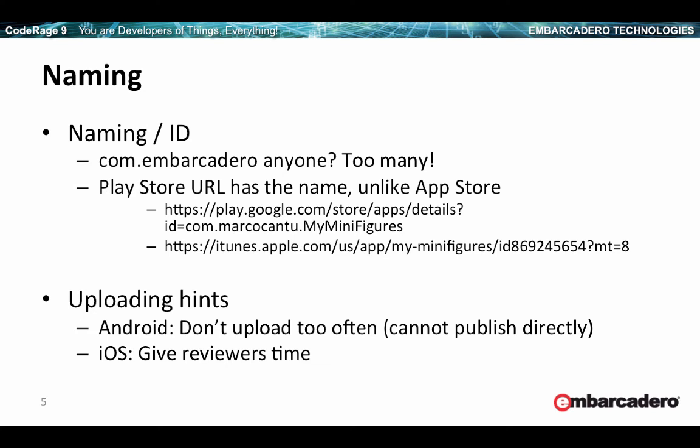It's almost embarrassing to see how many applications have been published that have com.embarcadero in their name. Now this is bad on iOS, but it's even worse on the Google Play Store, because as you can see, even in the public URL for the application, it shows the domain name.